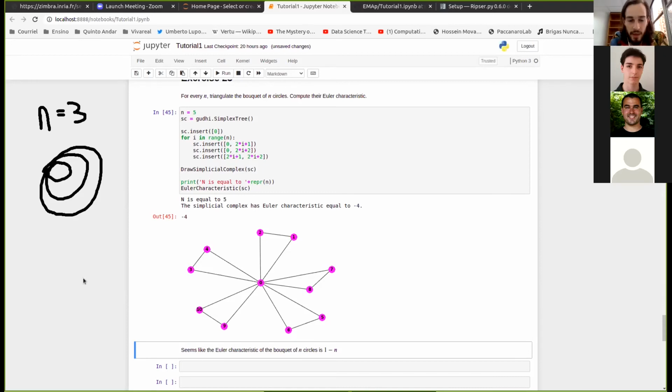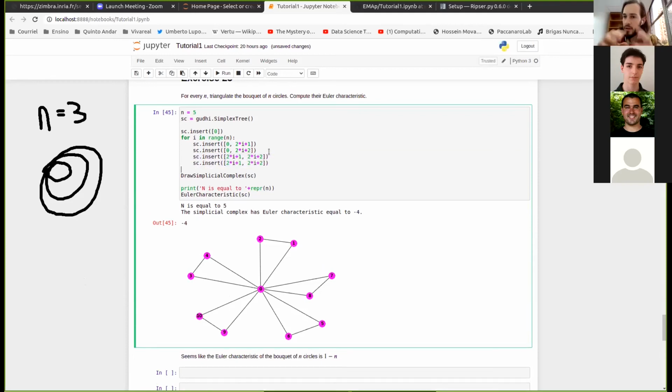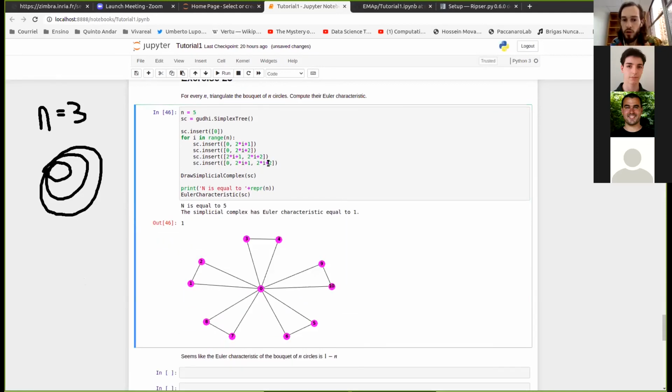You can begin to see that the Euler characteristic is something that captures the number of holes in your simplicial complex. If I were to add the triangles, the Euler characteristic would not depend on n.